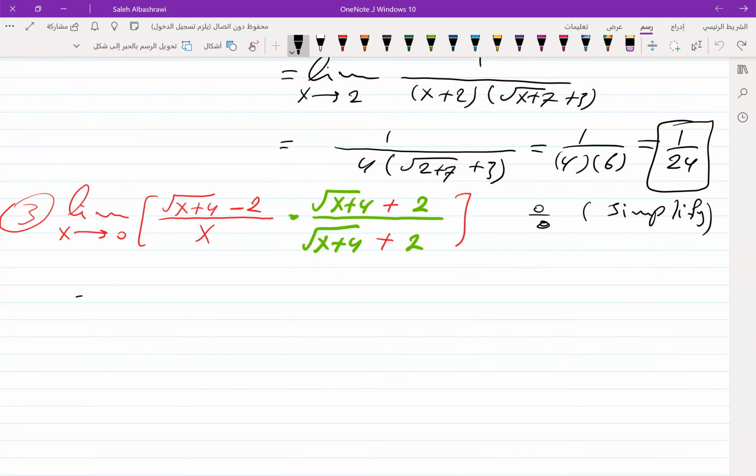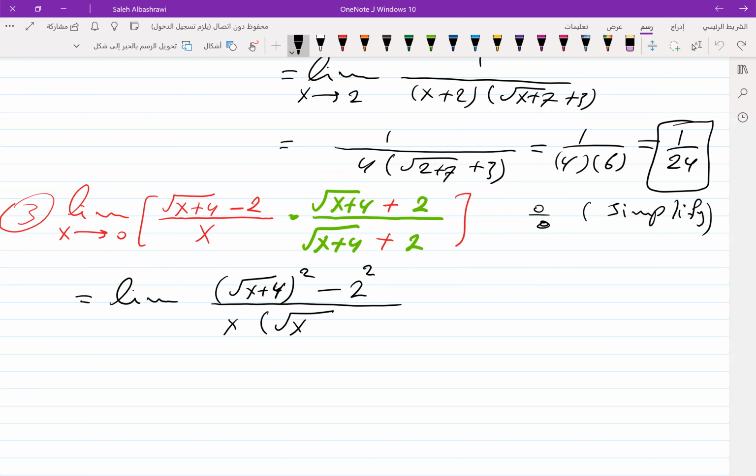This will give me limit of, for the numerator, square root of x plus 4 squared minus 2 squared, divided by x multiplied by square root of x plus 4 plus 2, as x goes to 0.